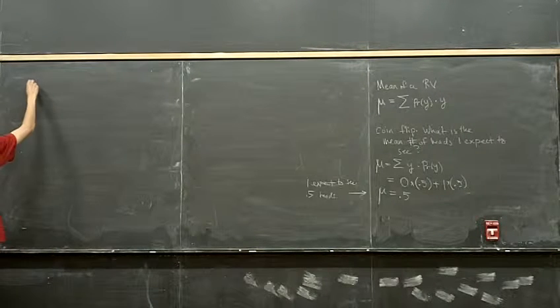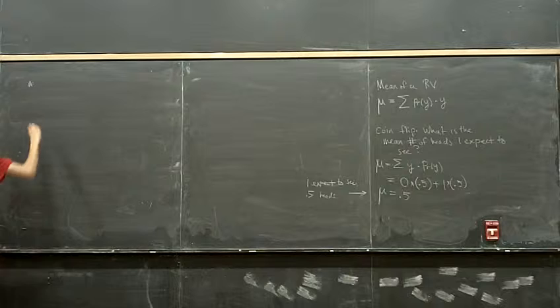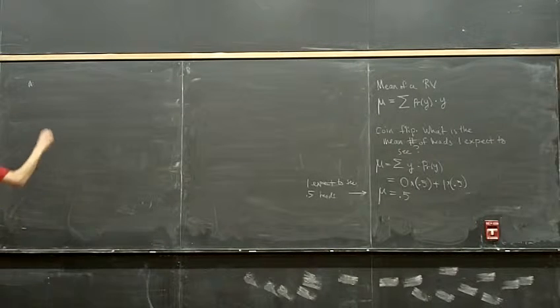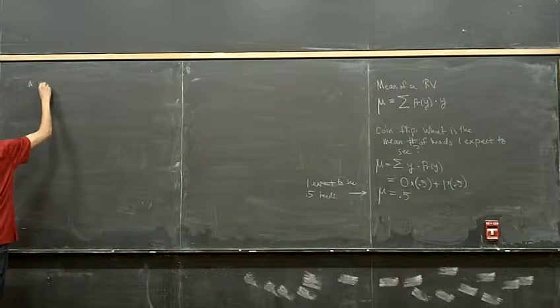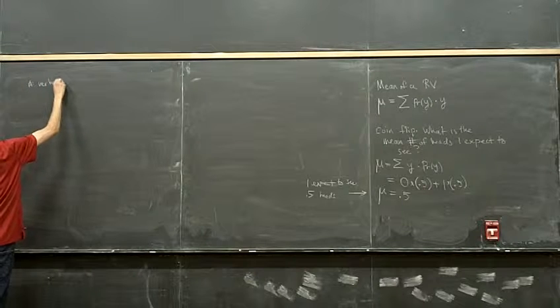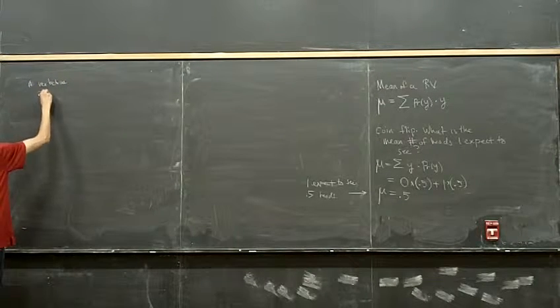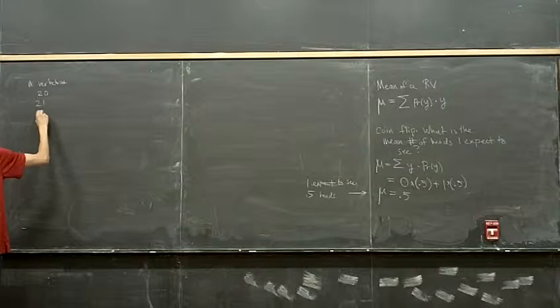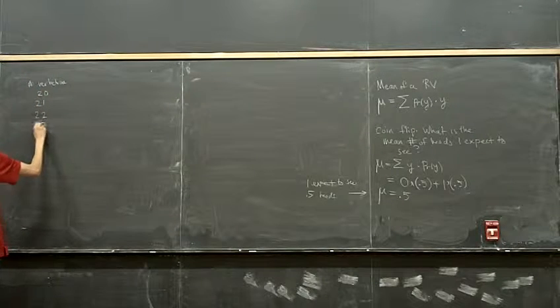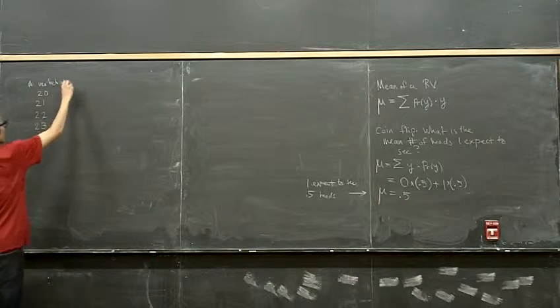I'm just going to make up different numbers from what the book says. So the number of vertebrae can be, let's say, 20, 21, 22, or 23.